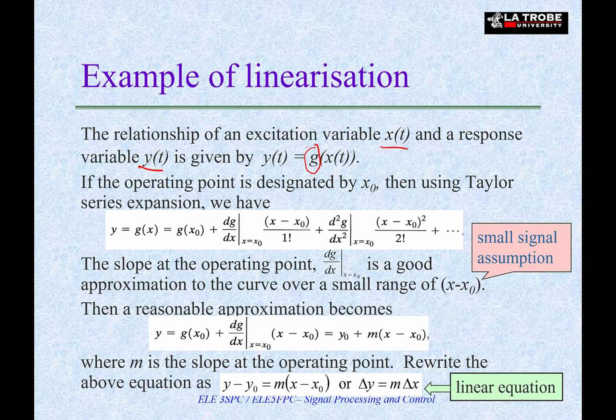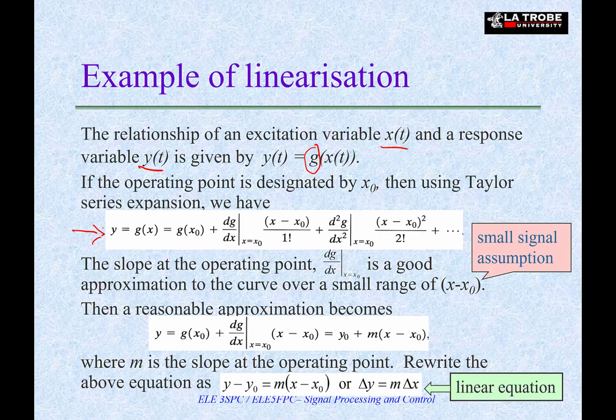We can use Taylor series expansion to find yt. So y is equal to g of x, and the equation on the right-hand side of the equal sign is Taylor series expansion. To do linear approximation, we only keep the first order term of the Taylor series expansion by removing all of the higher order terms.